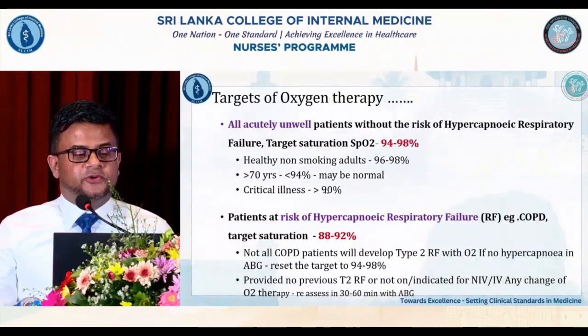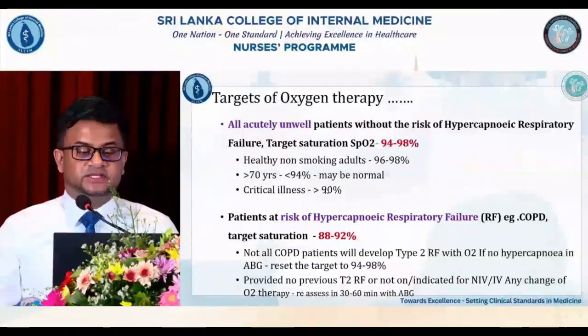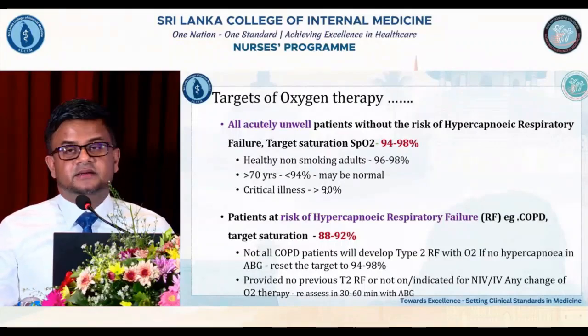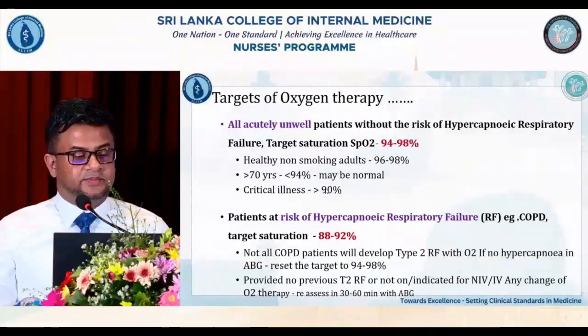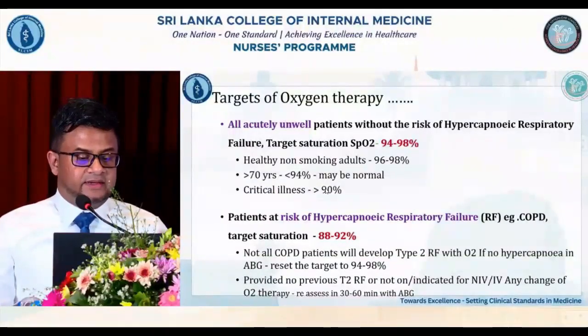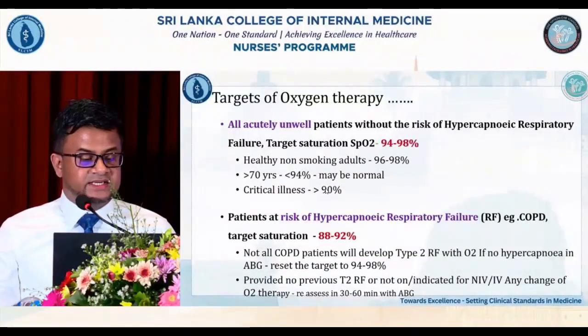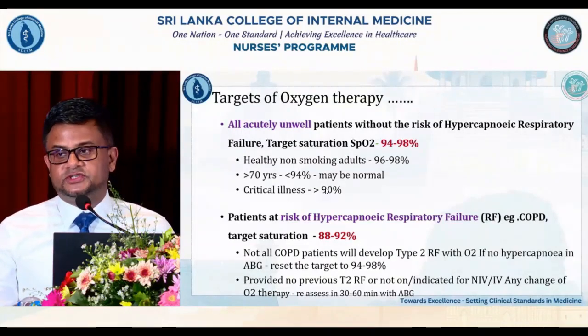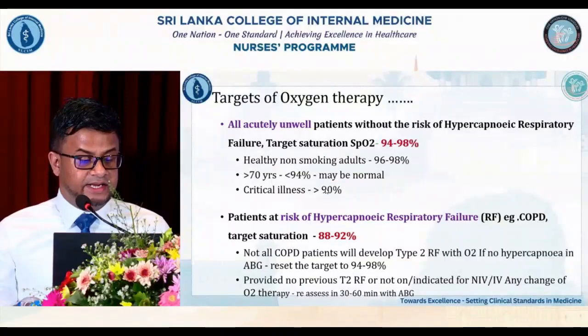For all acutely unwell patients without the risk of hypercapnic respiratory failure, target saturation should be 94 to 98. However, keep in mind, elderly and critically ill patients may have different target values. At the same time, for patients at risk of hypercapnic respiratory failure, target saturation should be 88 to 92.